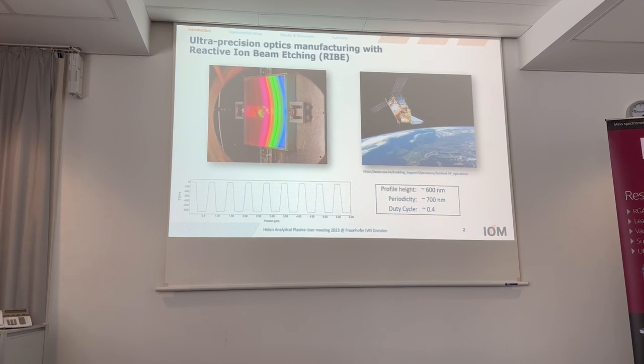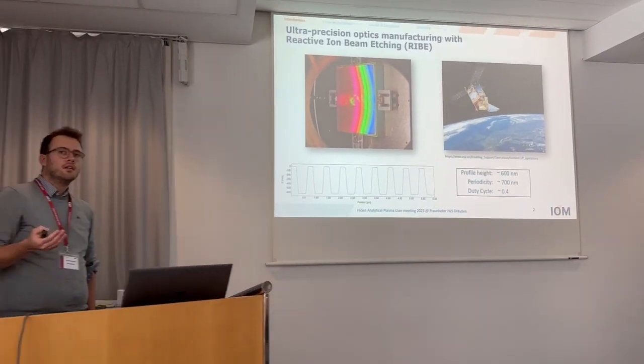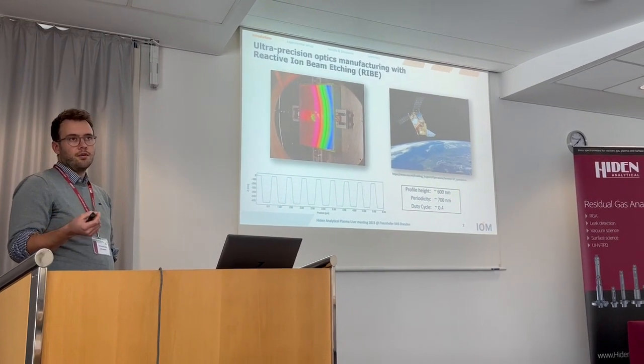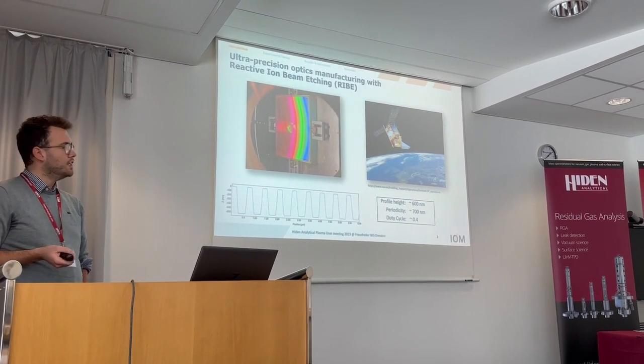And of course, you have a lot of different applications in the optical sector for these optical gratings. One of the best applications to show in a presentation is always space applications. So today I brought a picture from the European Space Agency Sentinel-5 mission. There's a satellite orbiting Earth and it's recording the radiation emitted by the Earth's atmosphere, and that is used to measure the composition of Earth's atmosphere, especially regarding greenhouse gases.